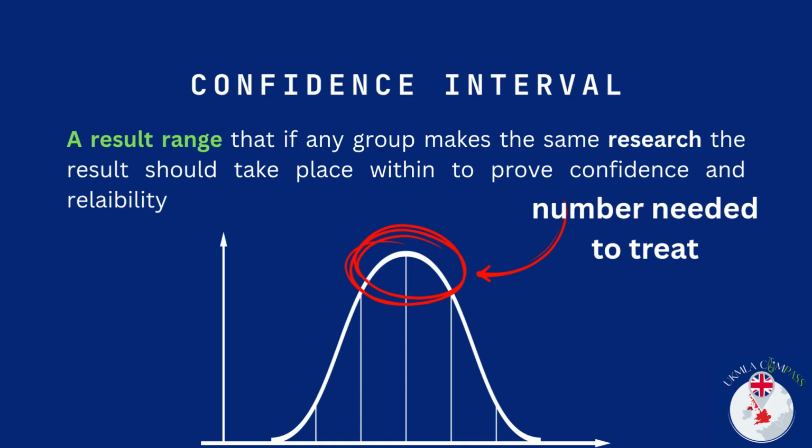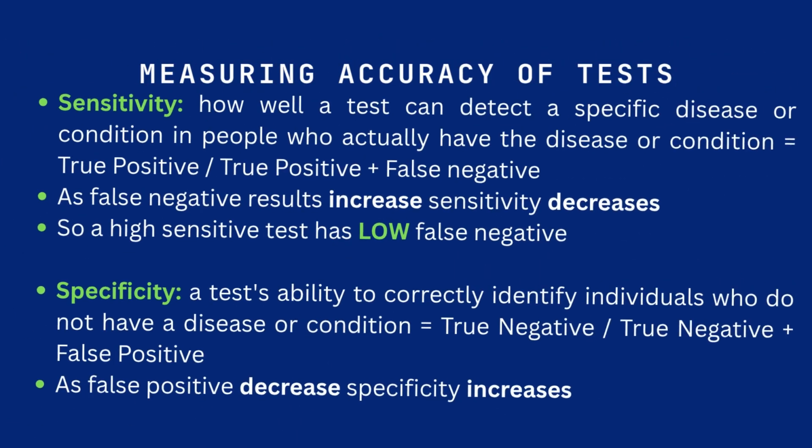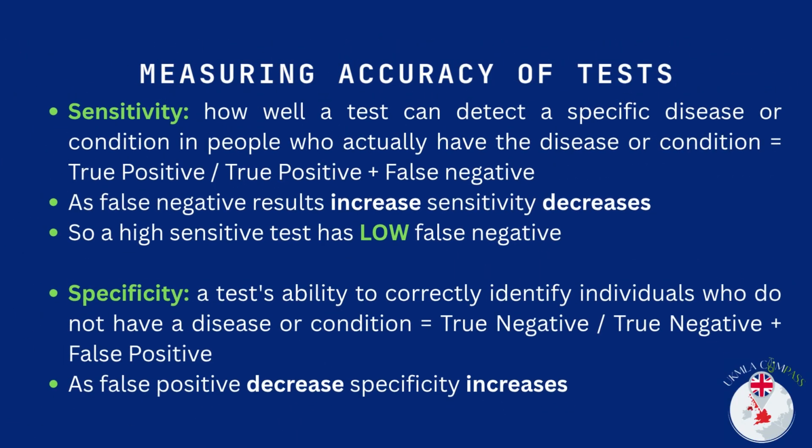Let's get into the sensitivity and specificity issue. Sensitivity is a measure used for screening. So if we need some screening method, what would you like it to be? More false positives or more false negatives? No, definitely I'd like to have high true positives and low false negatives.